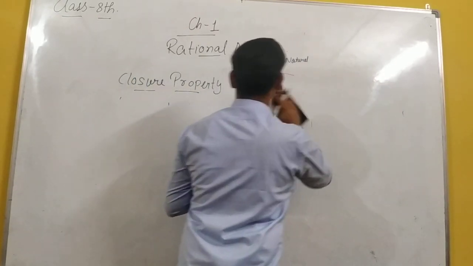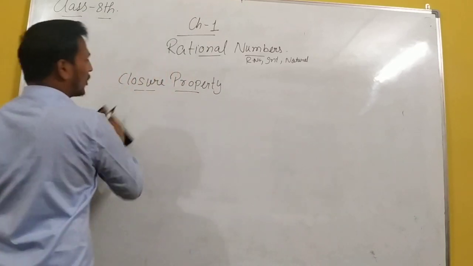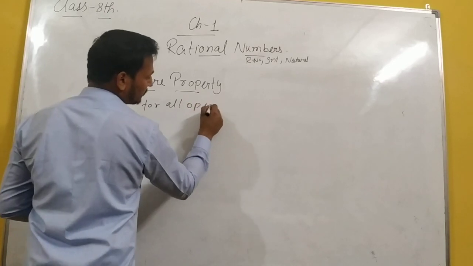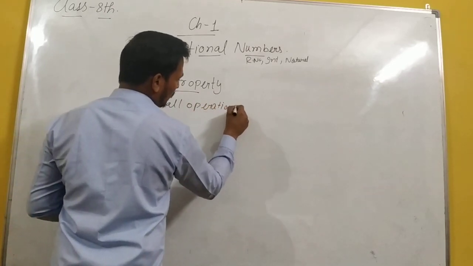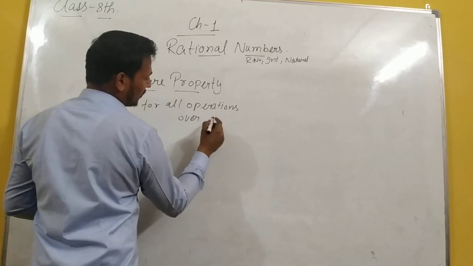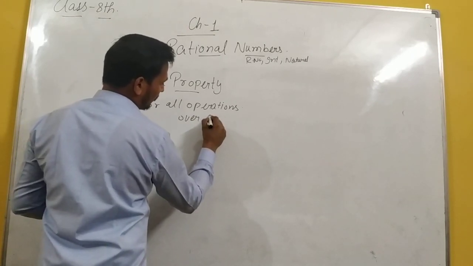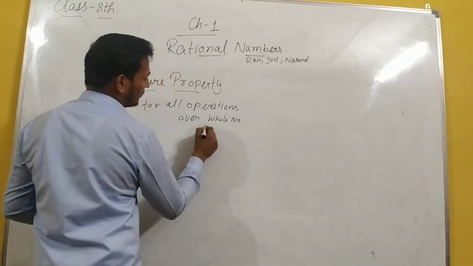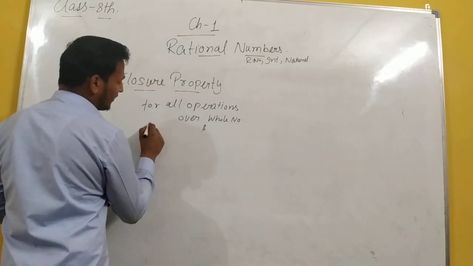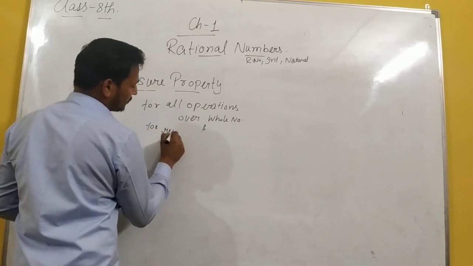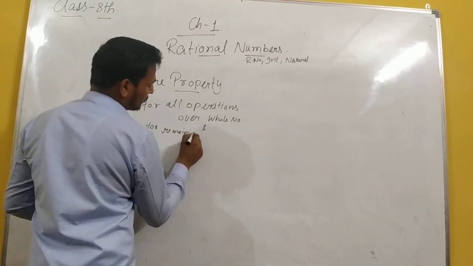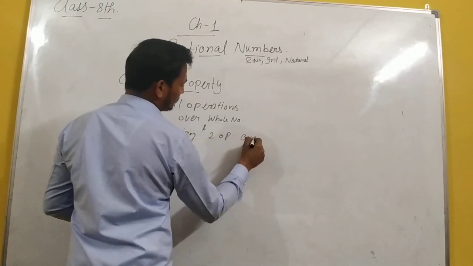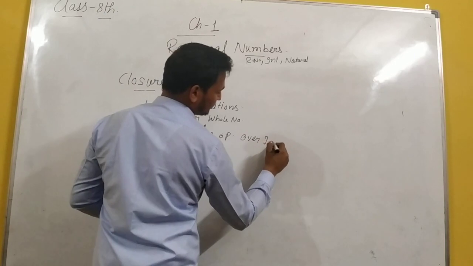You will have to check this closure property for all the operations over whole numbers, and for the remaining two operations over integers.